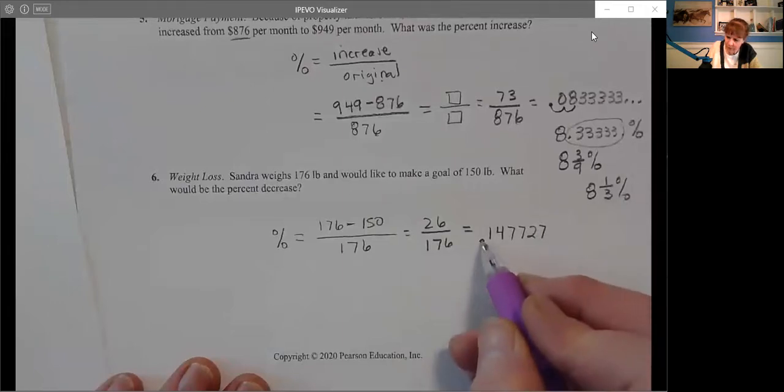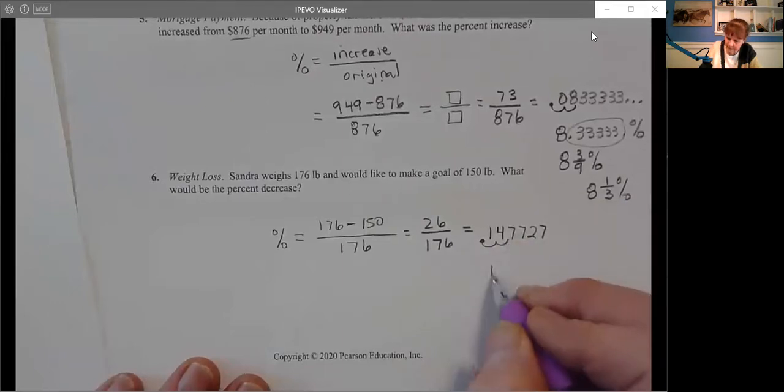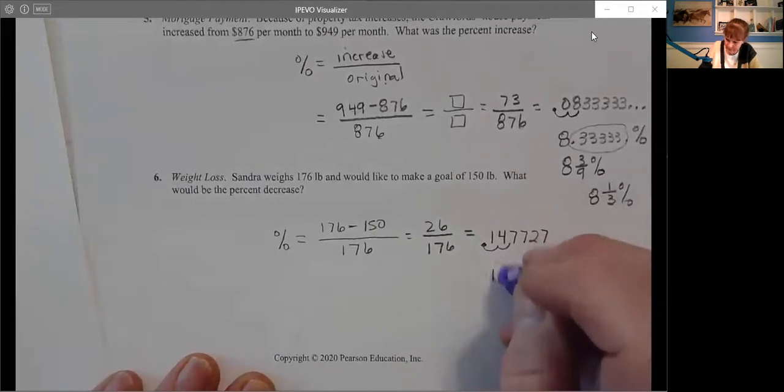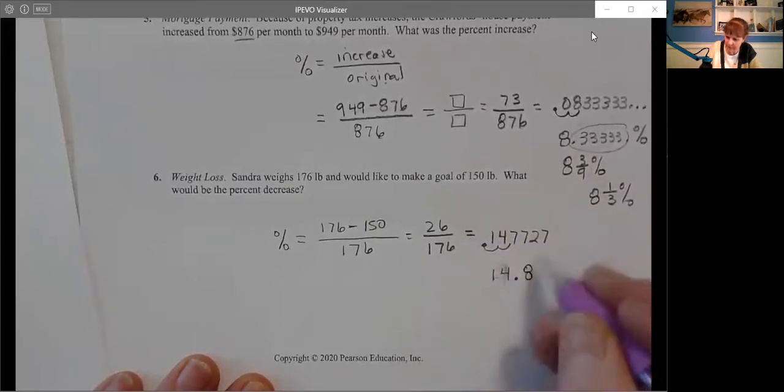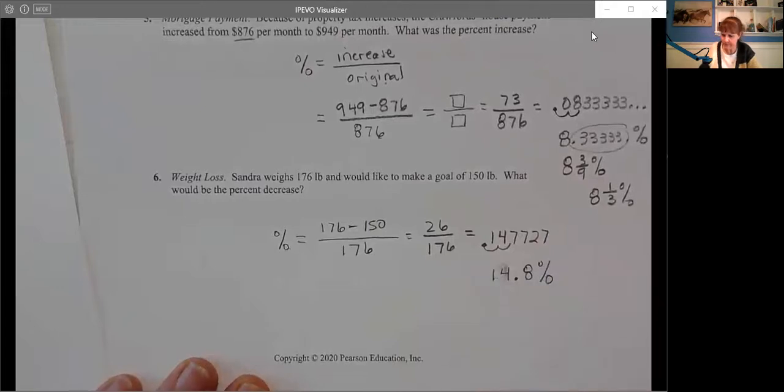So what we'll do is we'll move this over twice. And they should tell you where to round it off. We'll round it off to the nearest 1/10 of a percent. So we'll go to 14.8.